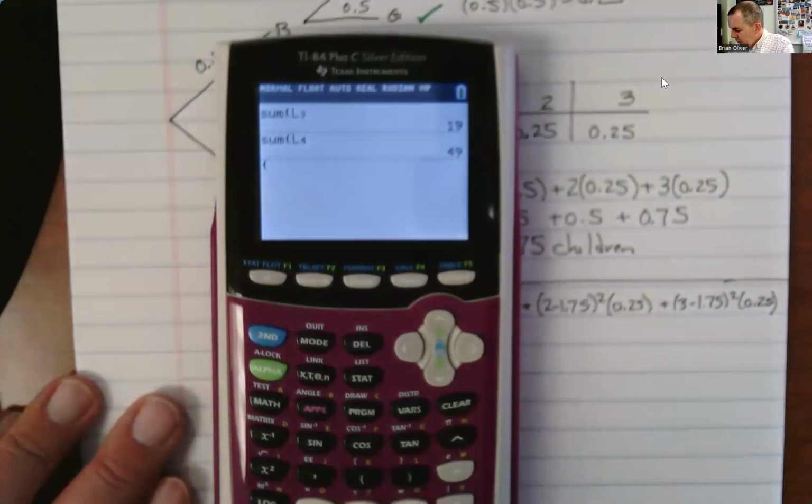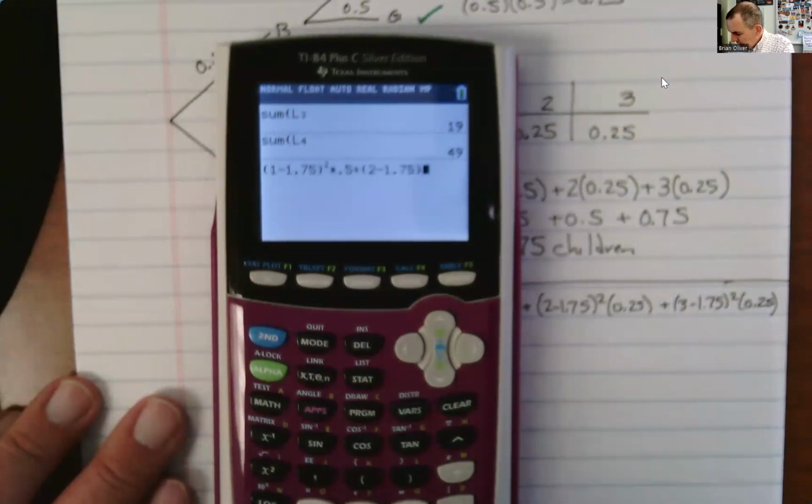So again, it's 1 minus 1.75 squared times 0.5 plus 2 minus 1.75 squared times 0.25 plus 3 minus 1.75 squared times 0.25.